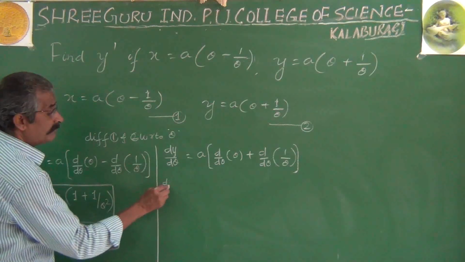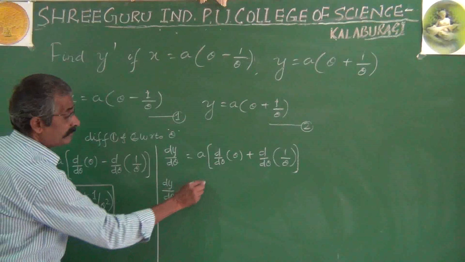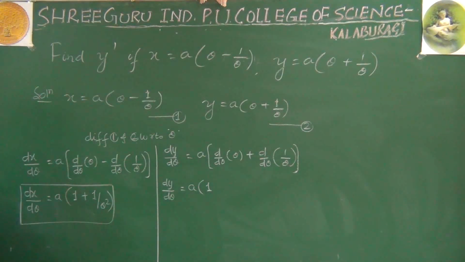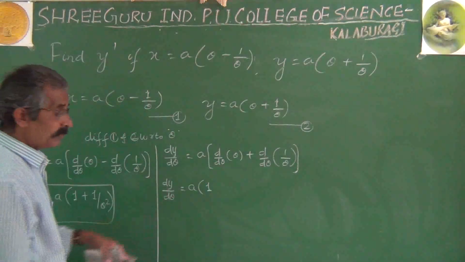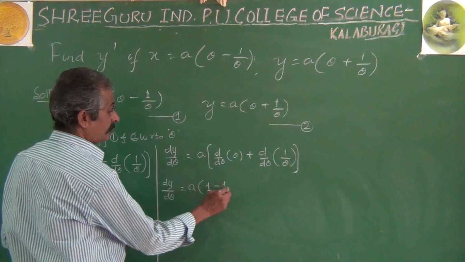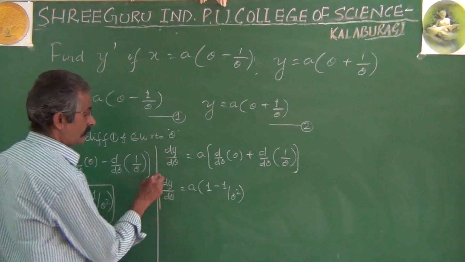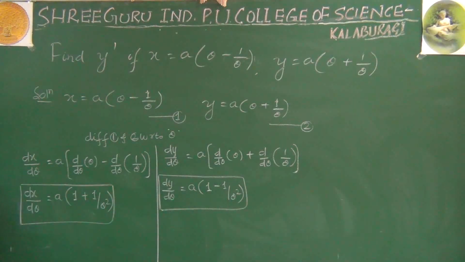Next, dy by d theta equals a into bracket, differentiation of theta with respect to theta is 1, whereas differentiation of 1 by theta is minus 1 by theta square, total 1 minus 1 divided by theta square. Underline it. Highlight it.